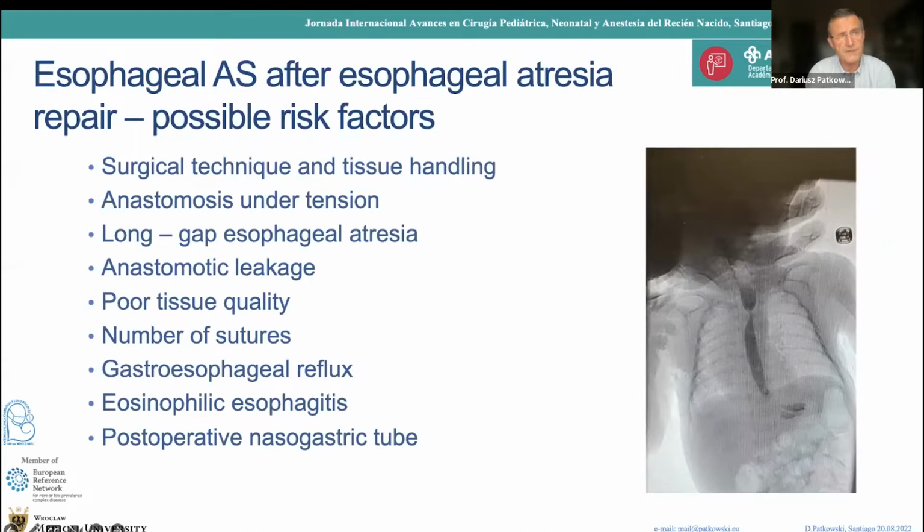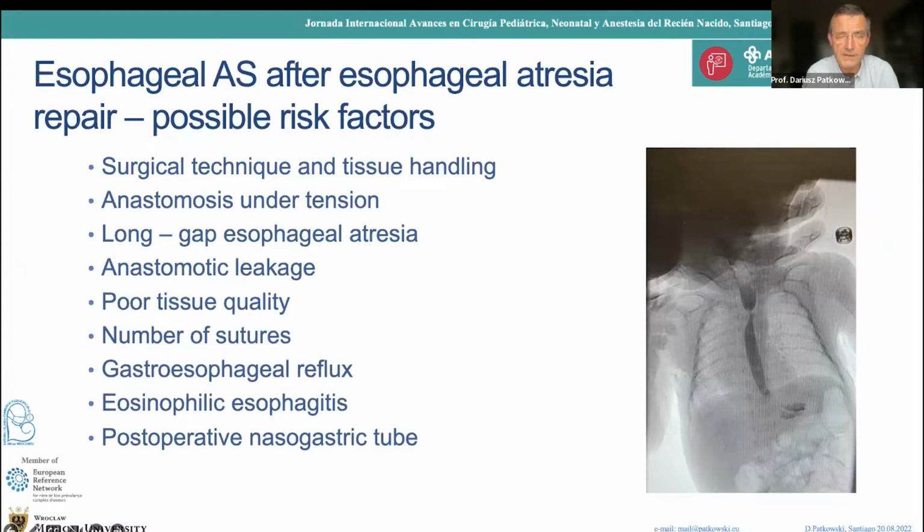And for me, the nasogastric tube, apart from allowing early feeding through it, is useful in case of any complication, because you have a connection between the upper pouch and the stomach. So if you have a leakage, you will not have to manipulate.